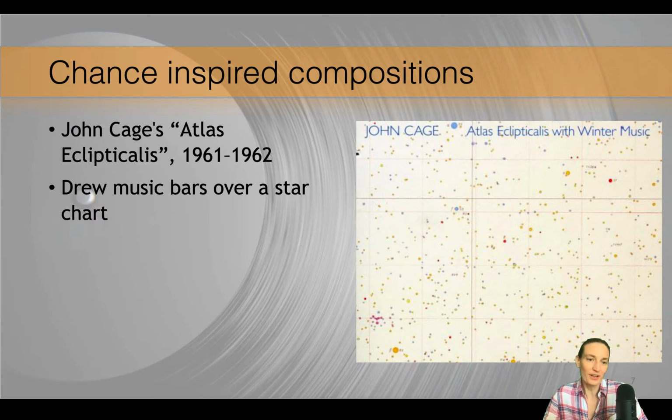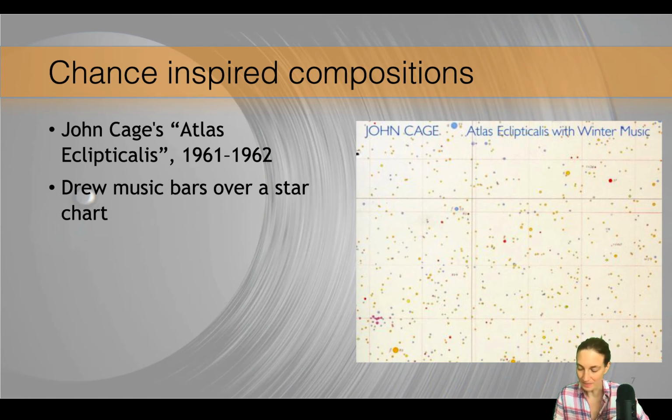Okay, so let's come a little bit closer in time to where we are now. If we look at John Cage, I'm sure you're all familiar with John Cage, the composer. John Cage created a lot of statistically inspired pieces. But one famous example, for instance, is Atlas Eclipticalis. So what did he do to compose Atlas Eclipticalis?